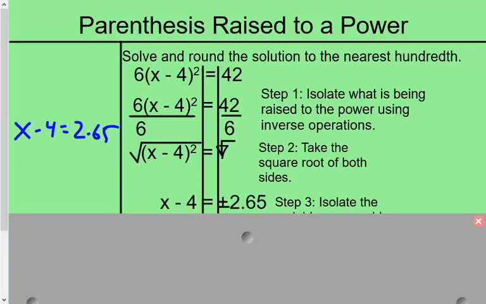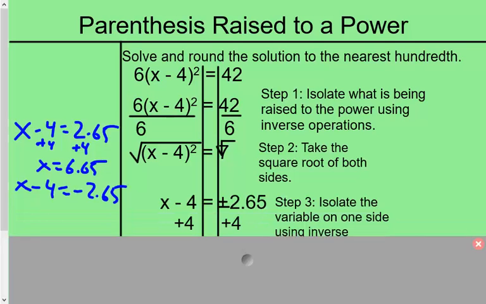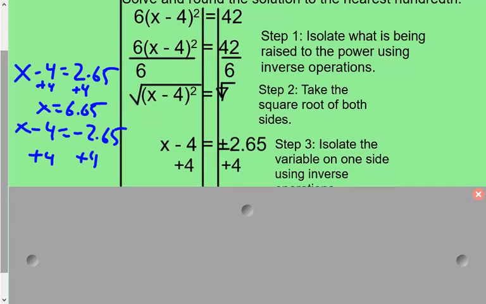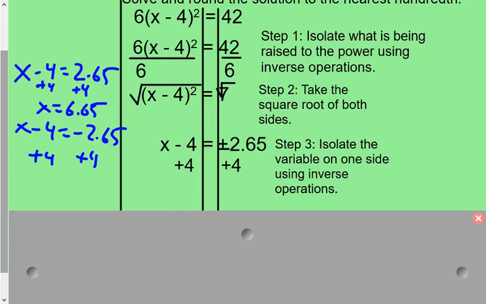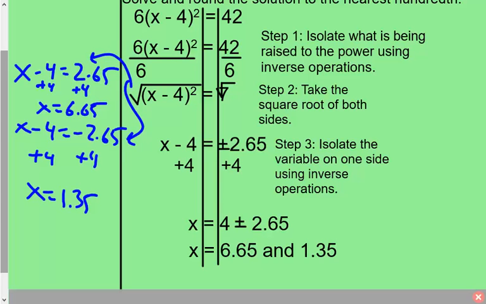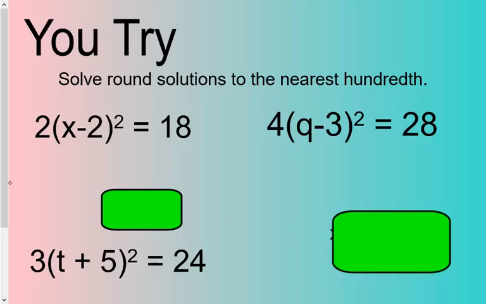So write that out there and then write out the negative one as well. This is going to help you get both your answers. It's kind of annoying, but your answers aren't going to be the same numbers like they have been before. So I'm solving each one individually here. The easiest way to do this is after you square root, write 1, write 2, and solve each one of those.